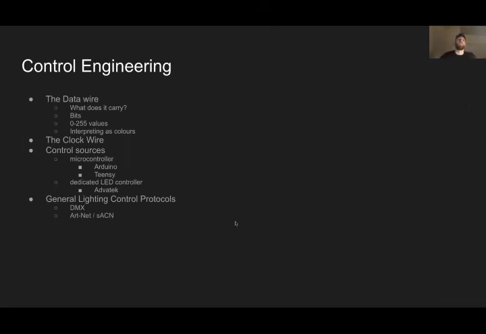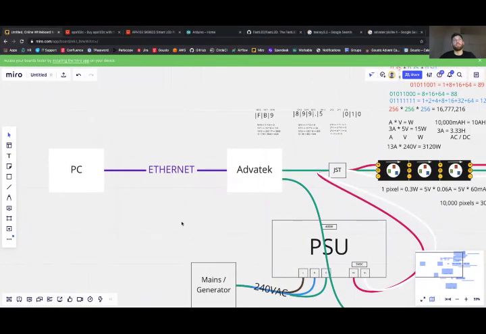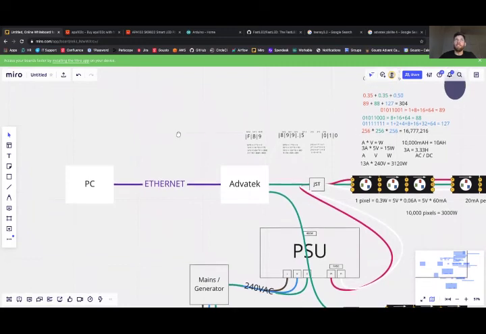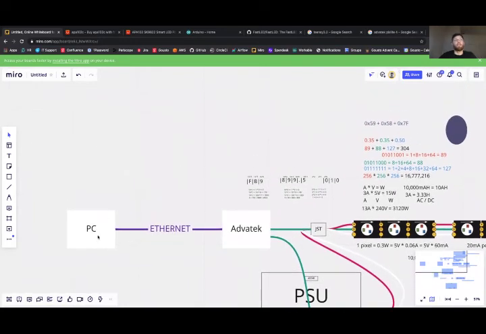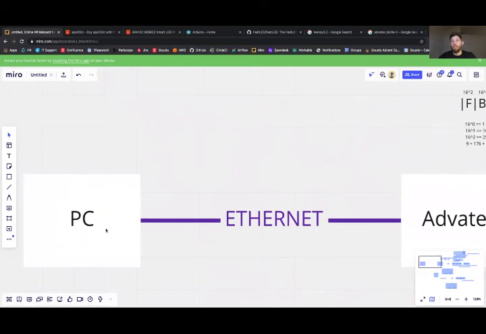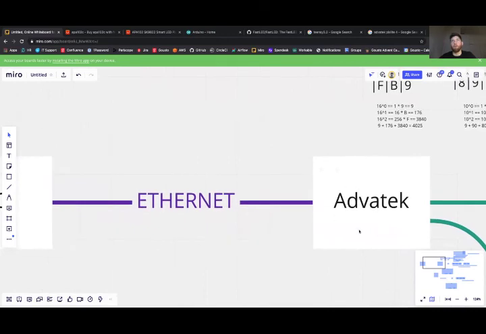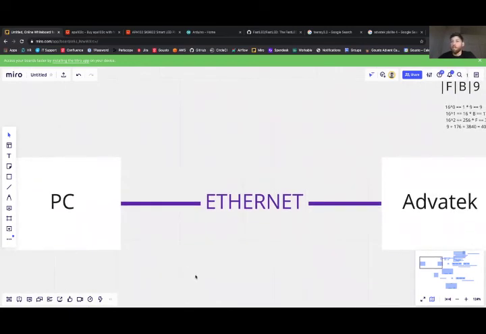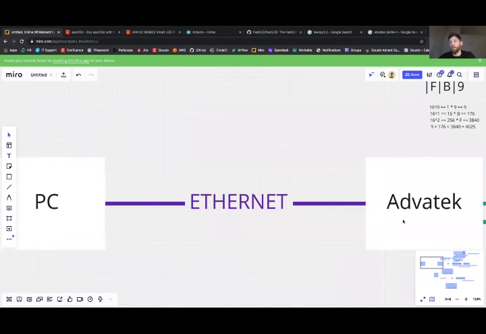Now, the details of how these protocols work are not terribly salient, because typically once you're working in the realm of a PC, you will be working with very conventional industry standard end user software, which is capable of simply detecting on a network assets like an Advatech controller, and then you simply select from a drop-down menu what communications protocol you want to use to speak to the Advatech controller, and everything is handled for you in the background.